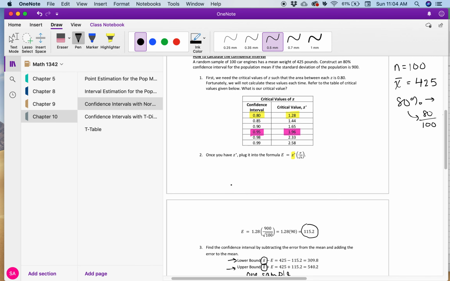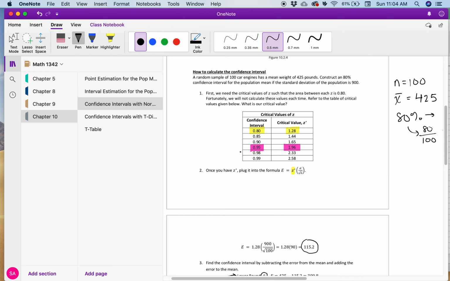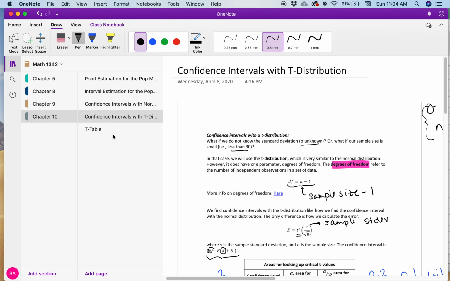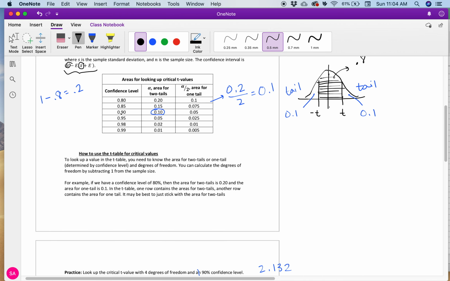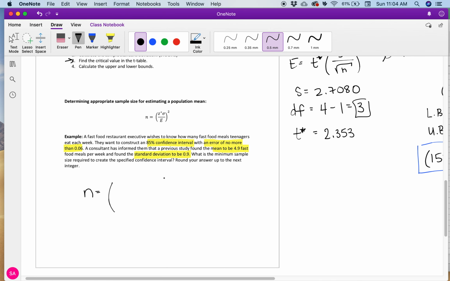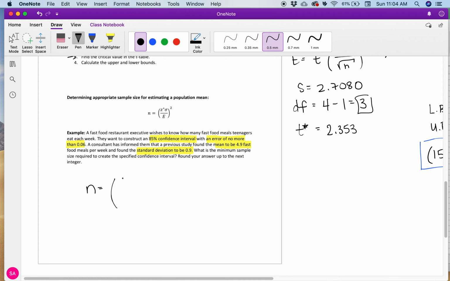Here we go, here are my z values. 85%, my z value is going to be 1.44. So our z star is 1.44.